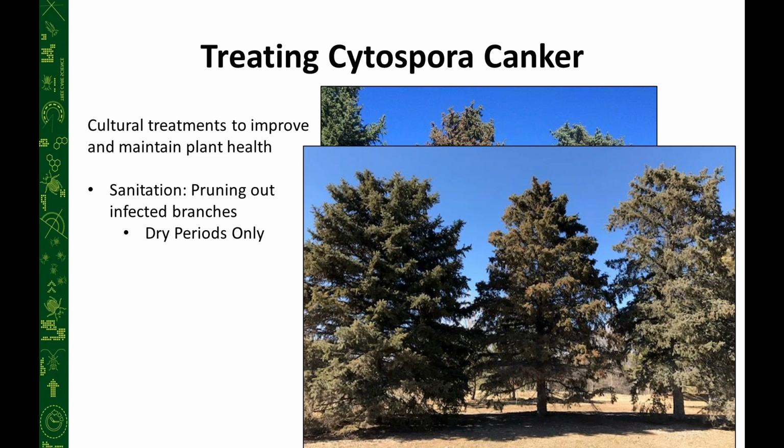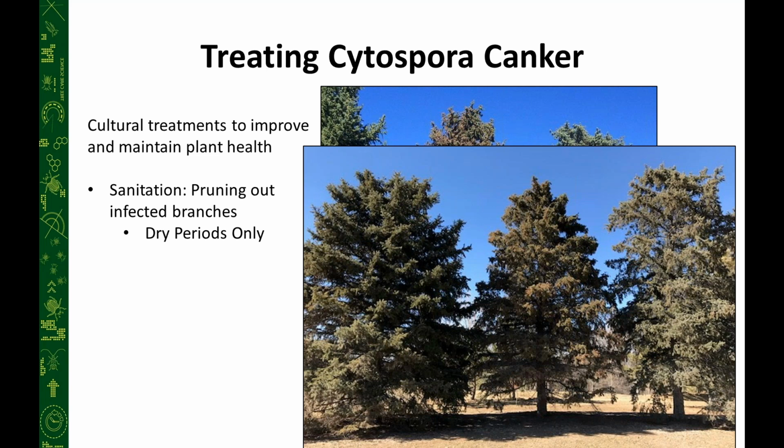Also, by thinning it out, you're going to create some airflow through there. So the inside of the branches are going to stay drier, they'll dry off faster. And so you won't have that entryway for Cytospora canker to move in and start doing damage. We say, as a best management practice, you want to do this during dry periods.